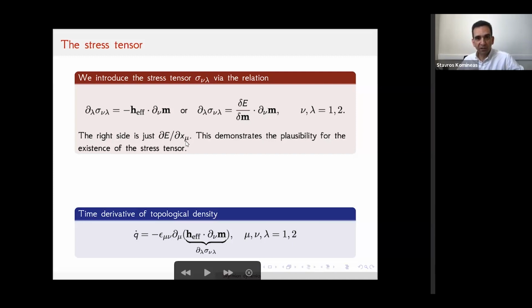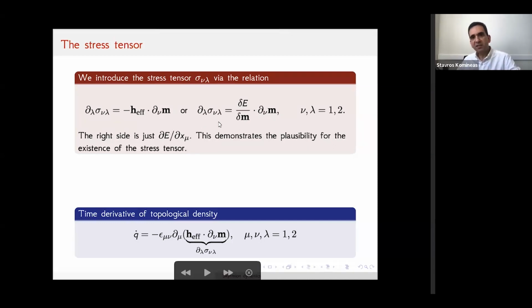If you take the derivative of the energy with respect to some x, this is basically the derivative of the energy with respect to the magnetization times the derivative of the magnetization with respect to the space direction. So this is a derivative of the energy with respect to space. Well, this is supposed to be 0, and therefore it should be a total derivative of something else.